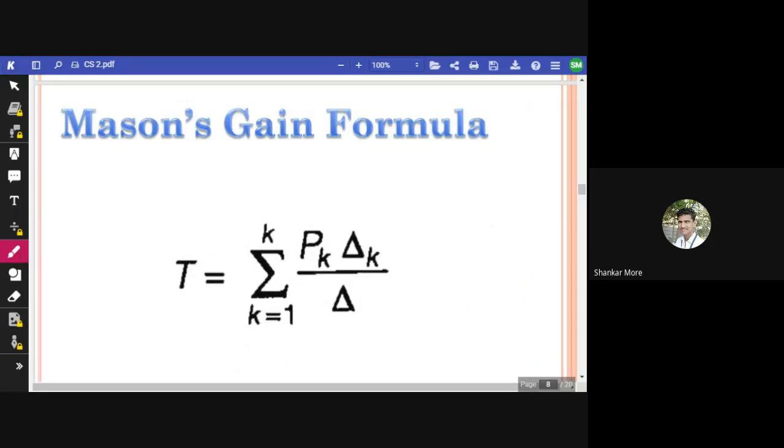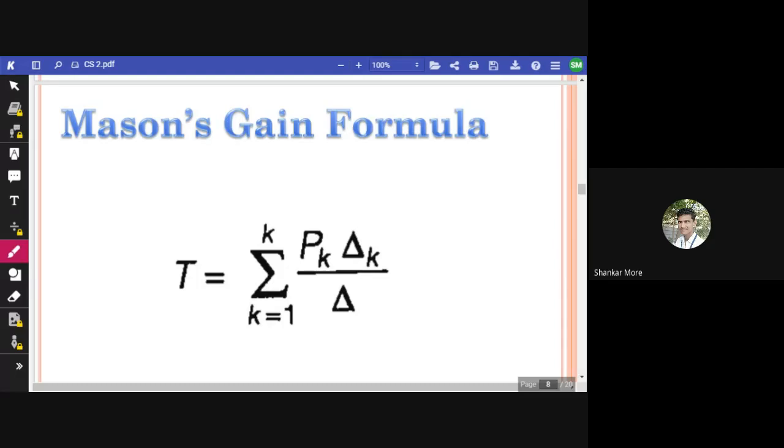Now we have Mason's gain formula. The things we found out in the last few examples, the same things we have to write here. What is Mason's gain formula? T is nothing but the transfer function or the gain, summation of k is equal to 1 to K, Pk into del k divided by del.